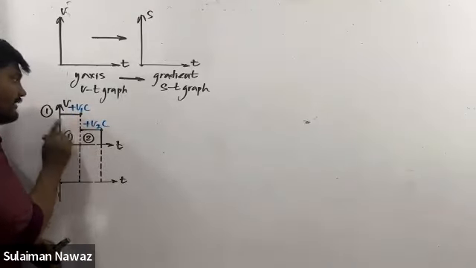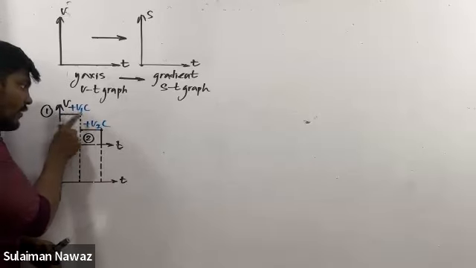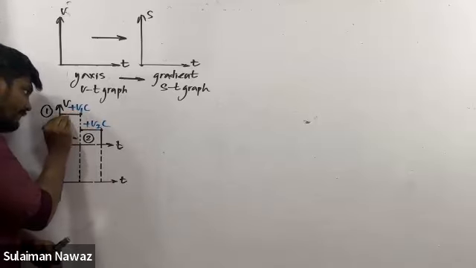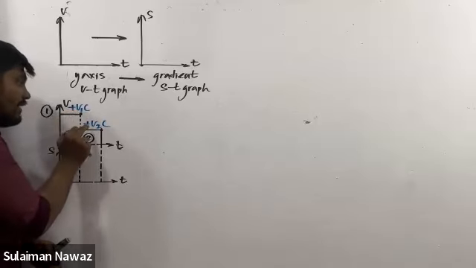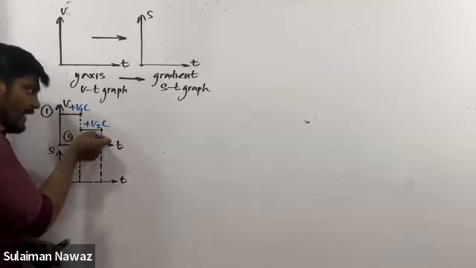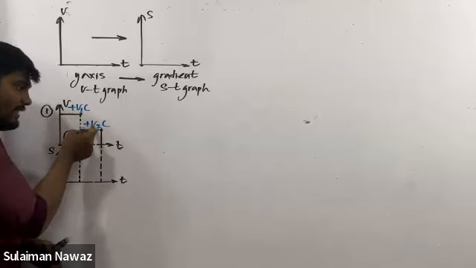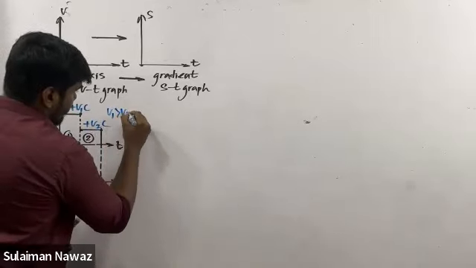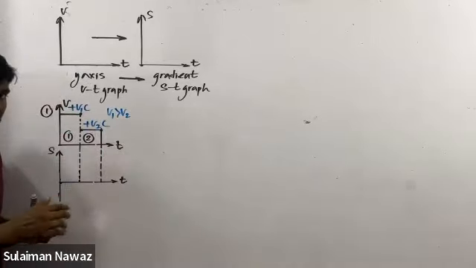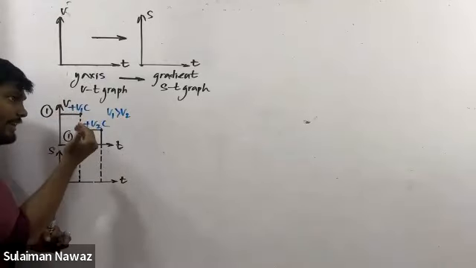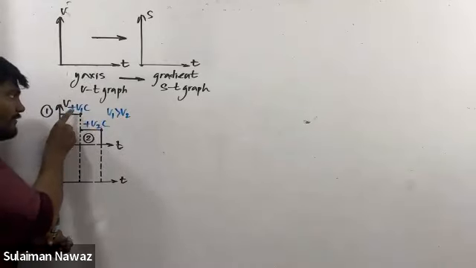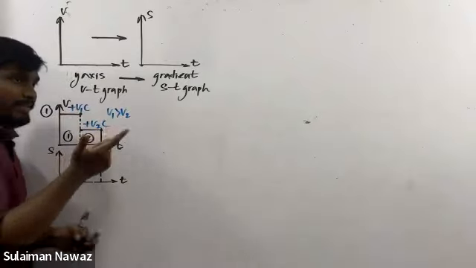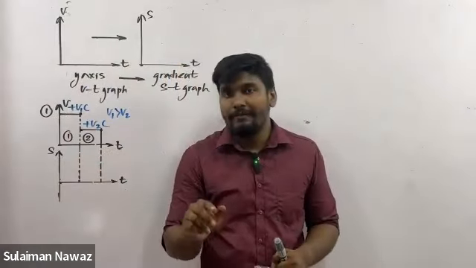Now tell me, what can you say about the velocity v1 in the first graph, and the velocity v2 in the second graph? v1 is larger than v2. Now how do we convert this given data into gradient? Positive velocity constant. Think about the gradient in the ST graph.